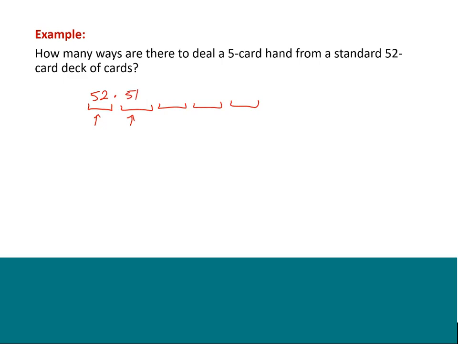So what would that tell you about the third card? For this third card here, how many possibilities are left for you to give that other person their third card? At this point, you've already given the person 2 cards, so how many total cards are left? Yep, 50. And you guys tell me what should be the last 2 numbers.